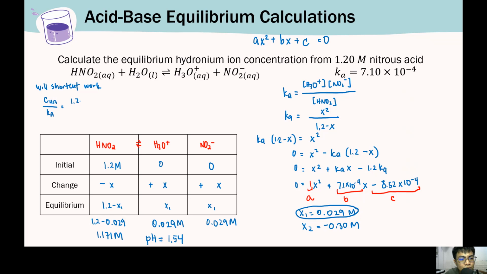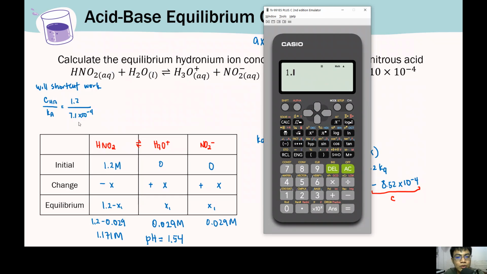So, we have 1.2 molar for the concentration. And then for the Ka, that's 7.1 times 10 raised to negative 4. So, 1.2 divided by 7.1 times 10 raised to negative 4. That's the quotient.